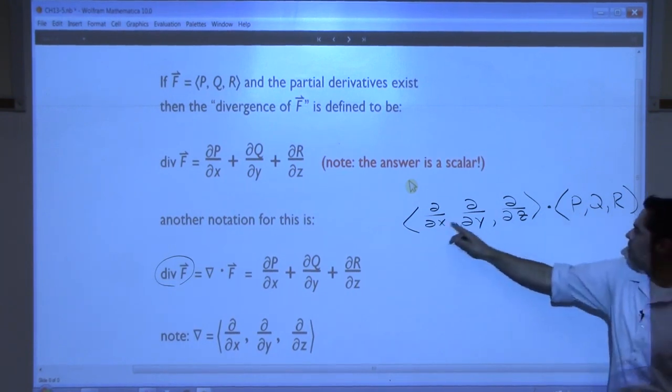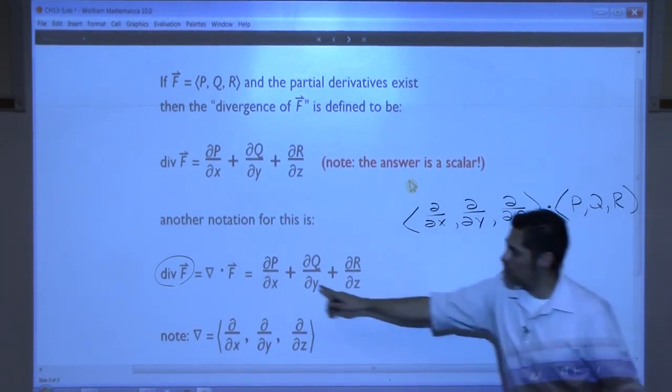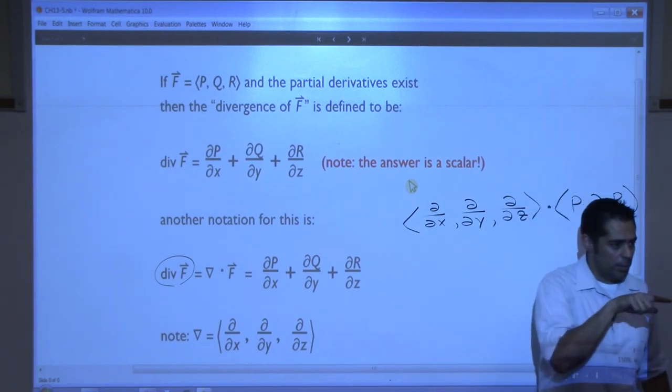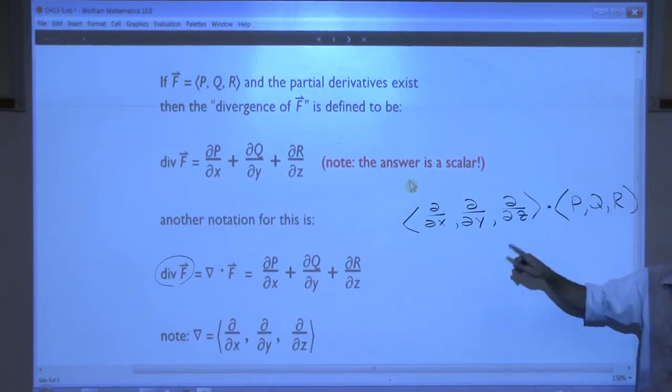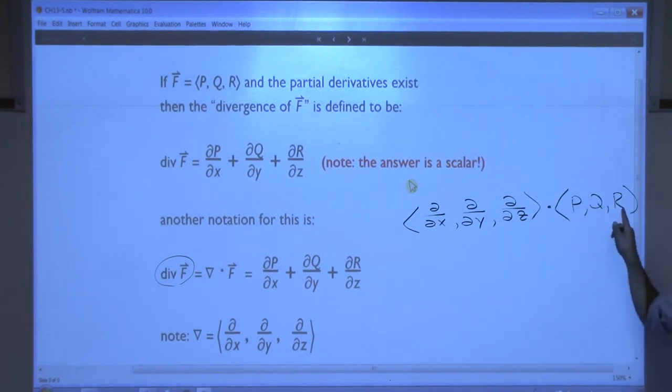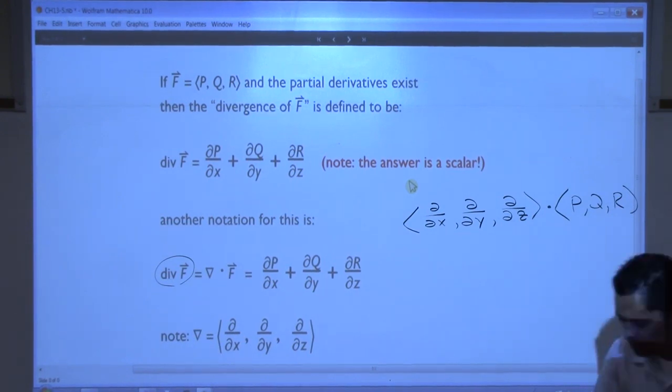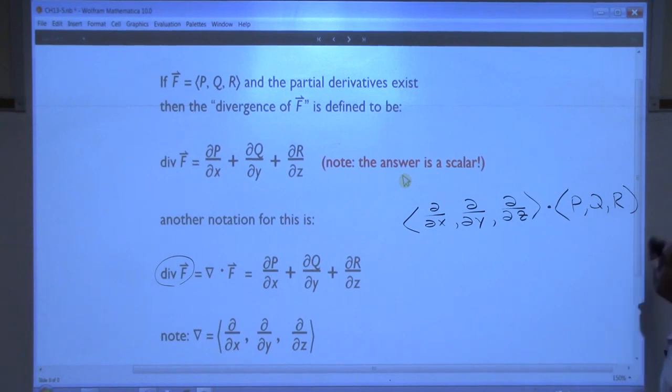Which means the partial of P with respect to x, because it's a dot product, plus partial of Q with respect to y, plus partial of R with respect to z. So it's super easy. All you're doing is taking the derivative of each of these component functions with respect to x, y, and z respectively, and adding them together. And that's it. Your answer is a scalar.